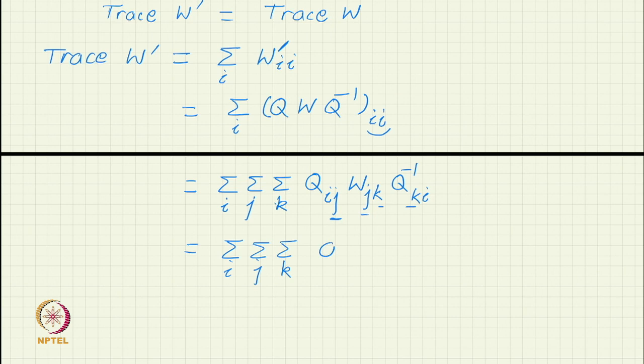So I can write this as Q inverse ki, Q ij, W jk. This is using the property of, what will you call for numbers, not associative, commutative property of scalar multiplication. We can flip them and bring them like this.